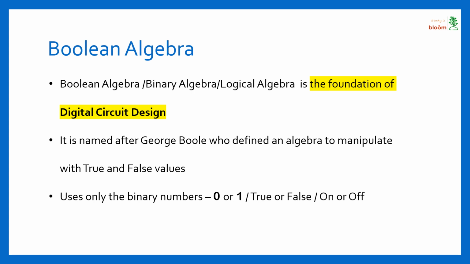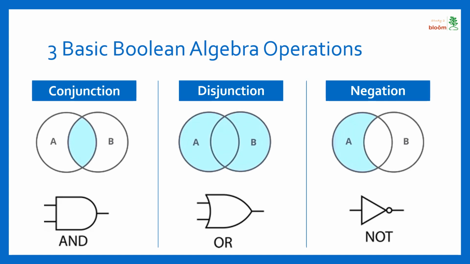True is denoted as 1 and false is denoted as 0, or true is considered on and false is considered off. Only two binary values. Boolean algebra has three basic operations: conjunction, disjunction, and negation.